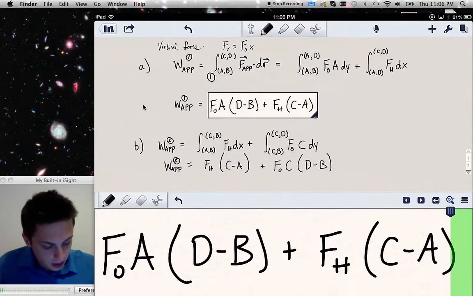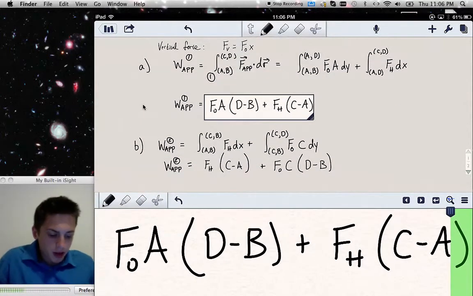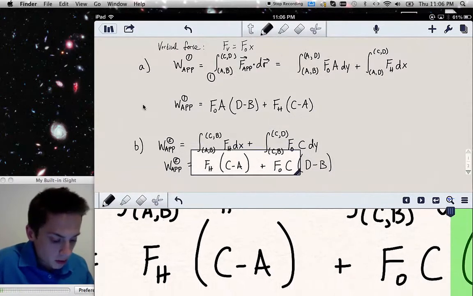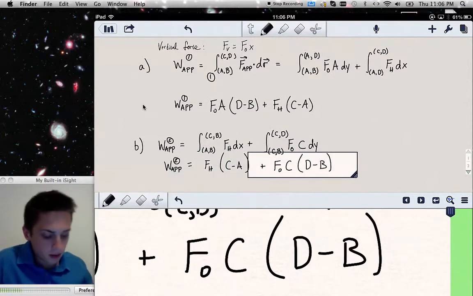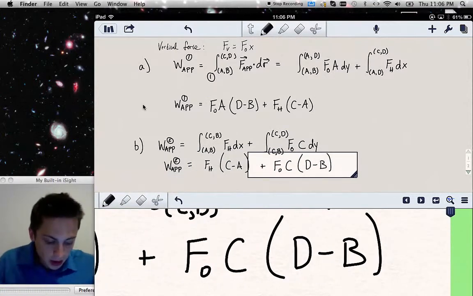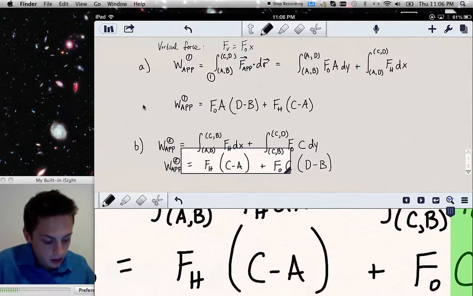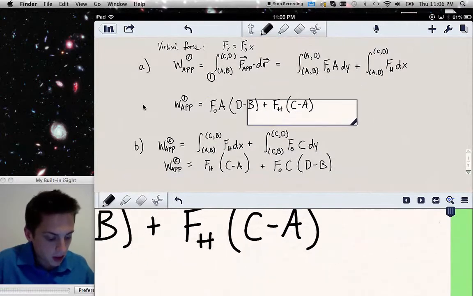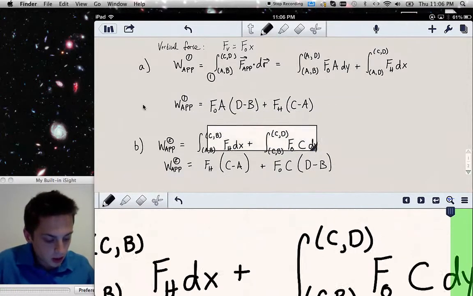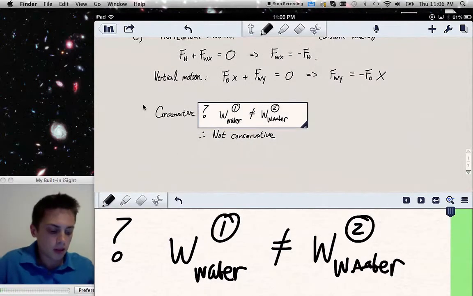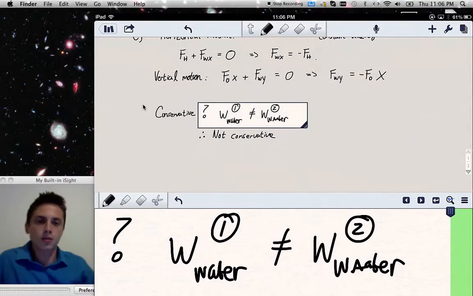Here we have F0A times D minus B and FHC minus A, and down here we have FHC minus A, but we have F0C times D minus B. Remembering that all it changes is an overall minus sign, although these terms would be the same, these two terms would not. So the work done by the water around path 1 and path 2 are not the same, so it's not conservative.